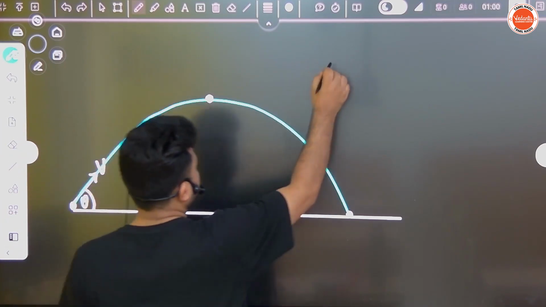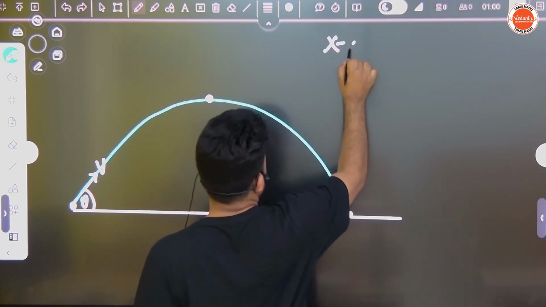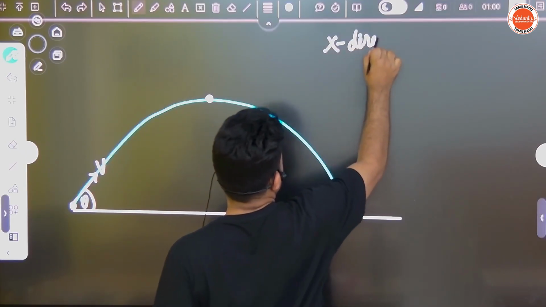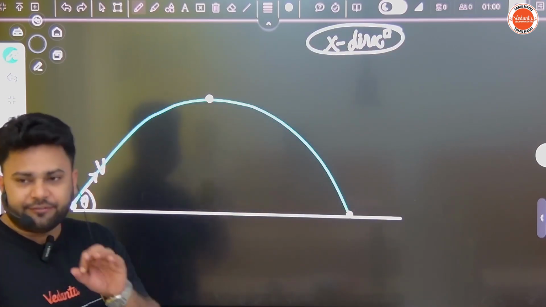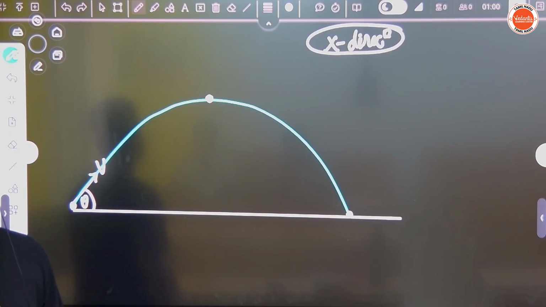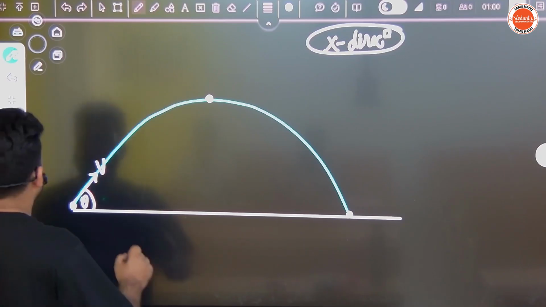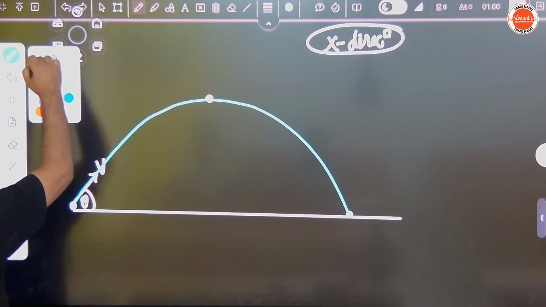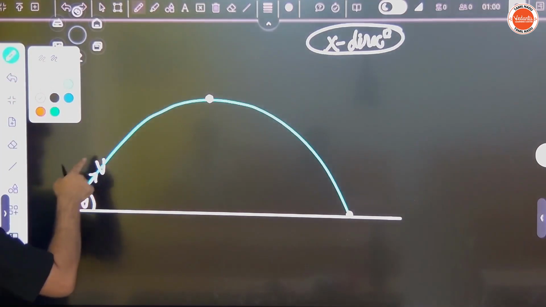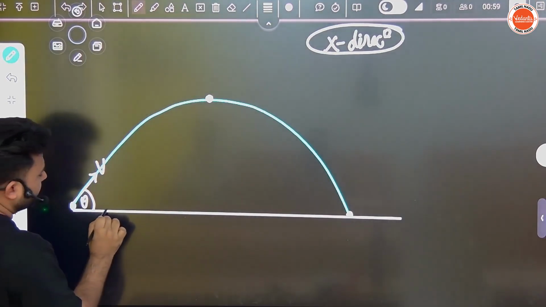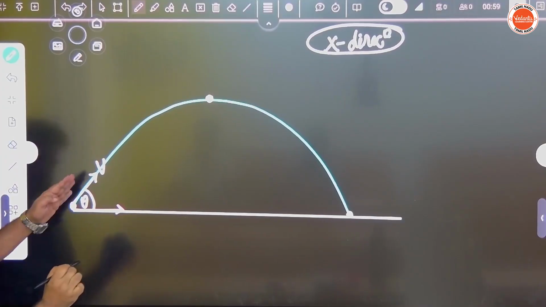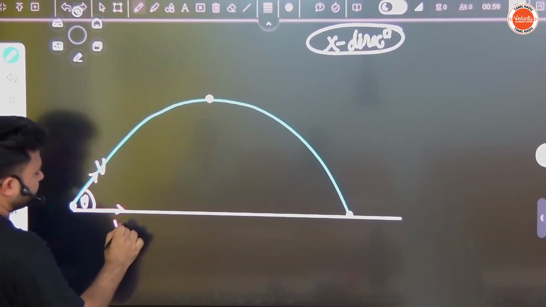Along the x direction, we have three major formulas: v equals u plus at, s equals ut plus half at square, and v square minus u square equals 2as. So we projected the ball with v. What is its speed in the x direction? V, this is theta, so V cos theta.